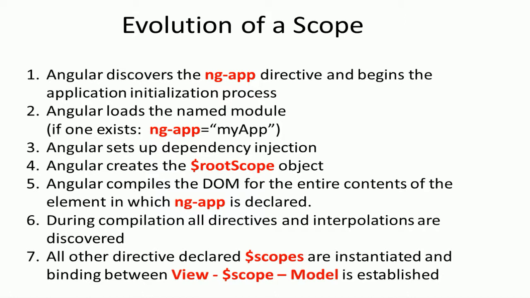Angular then sets up dependency injection, followed by creating the rootScope object. Angular compiles the DOM for the entire contents of the element in which ng-app is declared. During compilation, all directives and interpolations are discovered. All other directive-declared scopes are instantiated and binding between view, scope, and model is established.